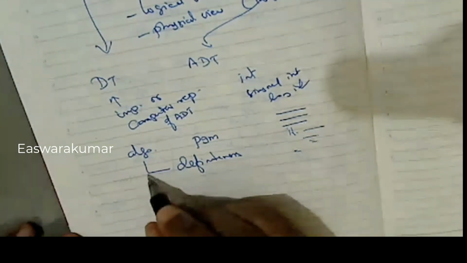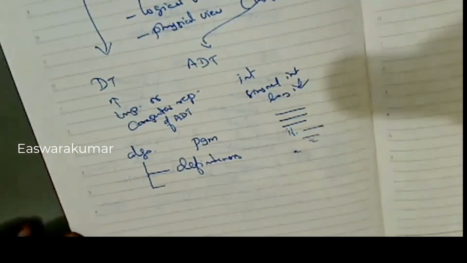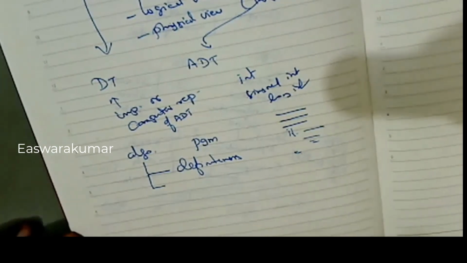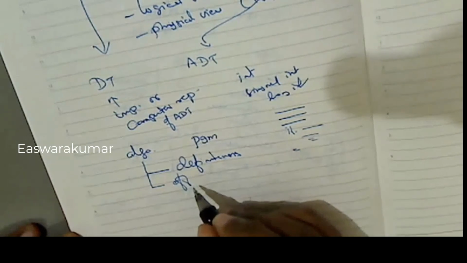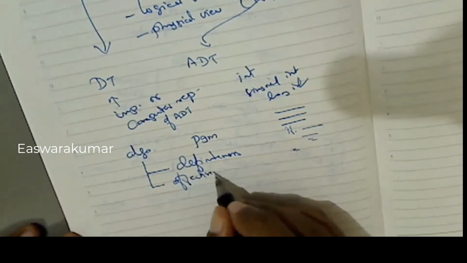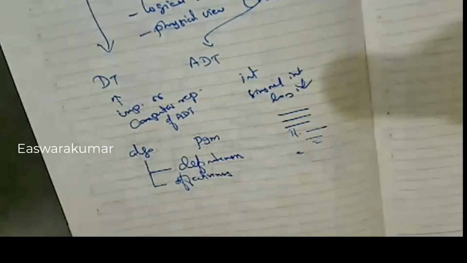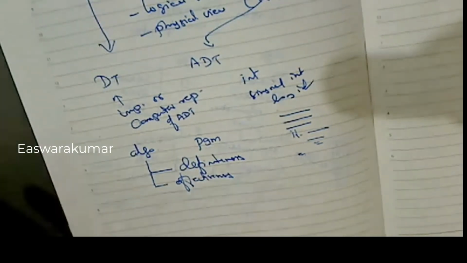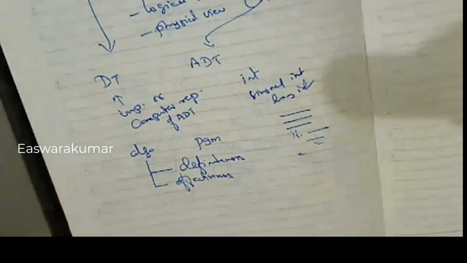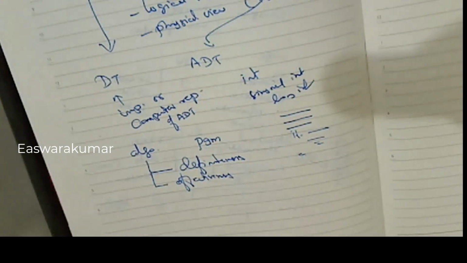Then the second property, there are a few more, but I am pointing out only the very important ones. That is called effectiveness. This is basic in principle and feasible to carry out.